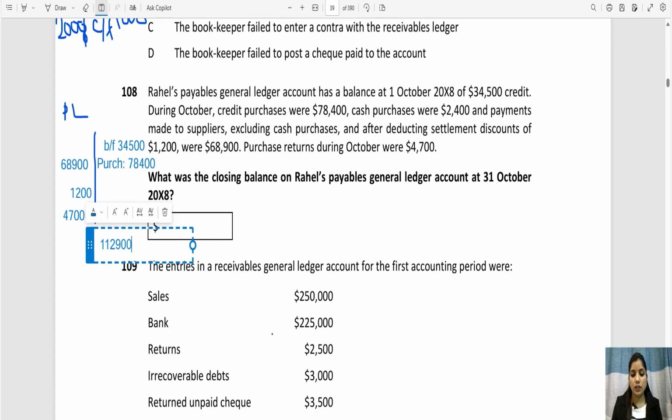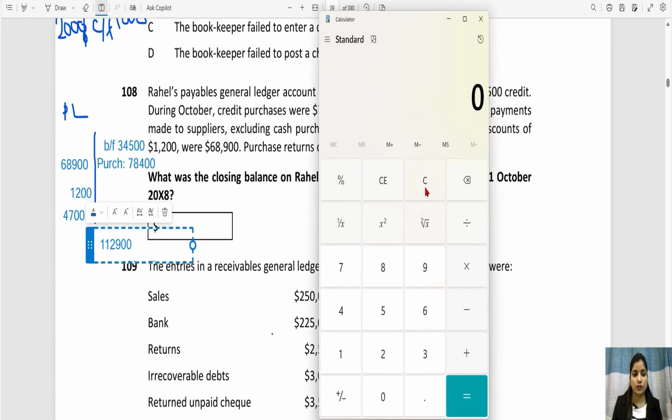But according to the double entry system, the debit and credit should be equal. So if we add the debit side, it says 68,900. Okay, then adding 1,200, then again 4,700. So it will give our total of 74,800.